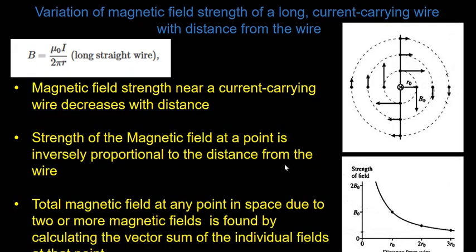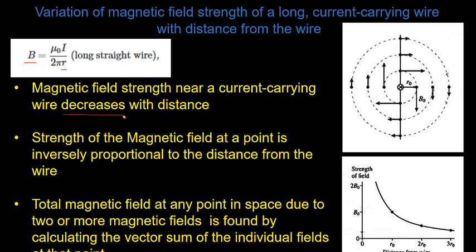In this slide, we understand the conceptual meaning of this formula that was presented earlier, and we're going to see how this formula can be plotted to understand the variation of magnetic field as the distance changes from the current-carrying wire. As you can see, the magnetic field strength near the current-carrying wire decreases with distance.